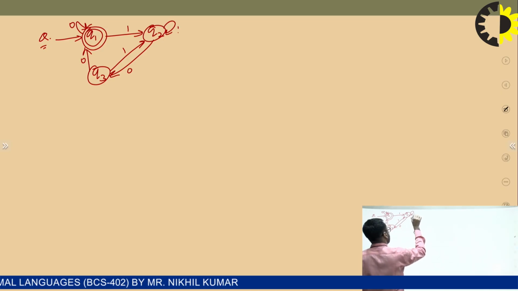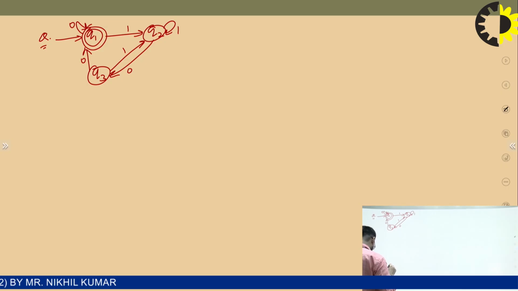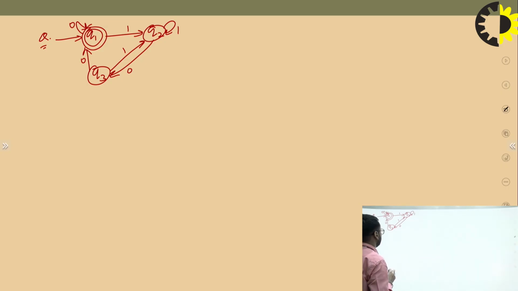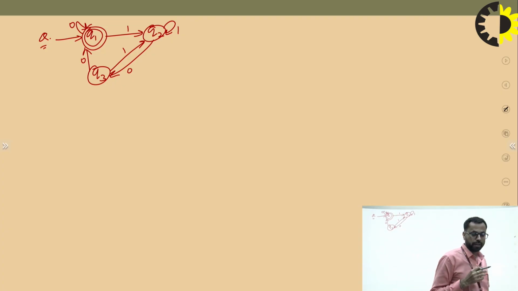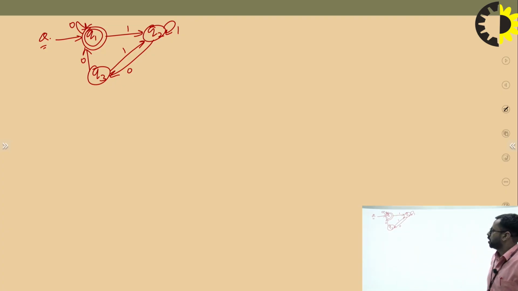Here is a self loop 1. And what will be the next? It is a given model, and basically it is a finite automata, and we will calculate the regular expression for the given model.